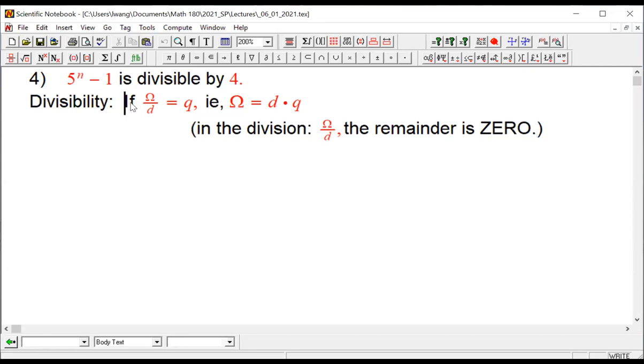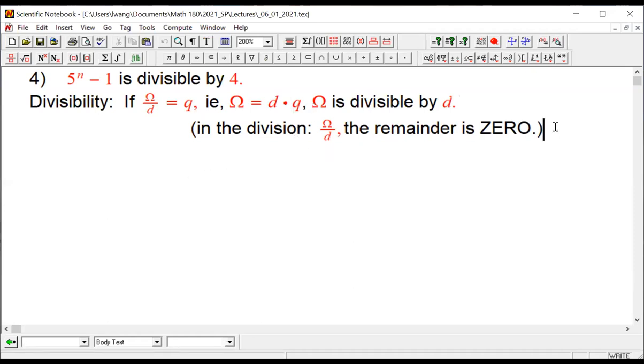So whenever this happens, what do we say? We will say that omega is divisible by D, symbolically. Whenever you can write it in this form, you can also say omega is divisible by Q, right?